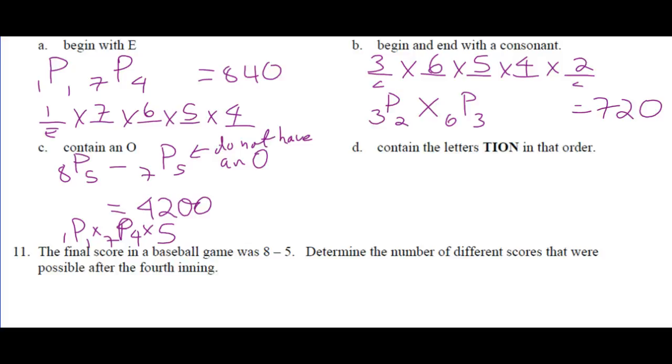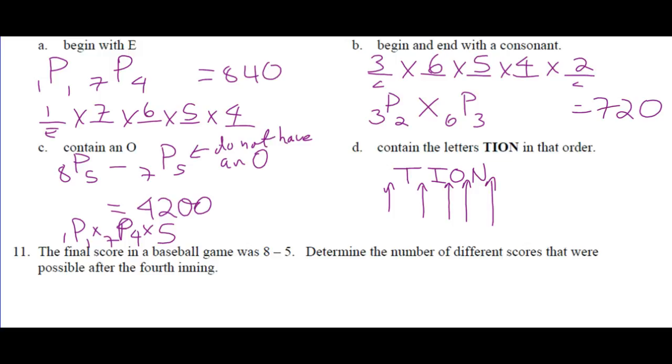Okay. Contain the letters T-I-O-N in that order. Okay, so here's the way that you do these types of problems. It's got to contain those letters, got to be in that order. So you say, okay, I need a T, an I, an O, and an N in that order, but they don't have to be together, right? Didn't say that they have to be one block of letters. So it contains those. We want 5 letters, right? We've got 4, so we just say, okay, look, you can put the letter here, or here, or here, or here, or here.